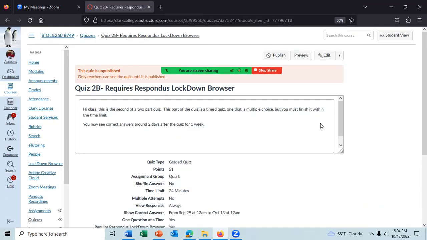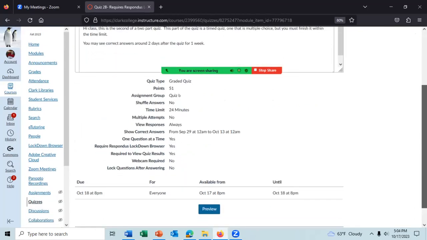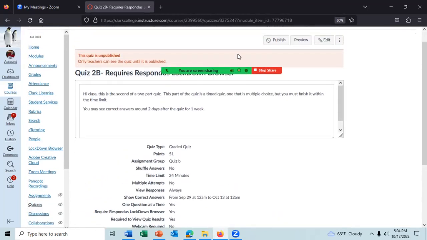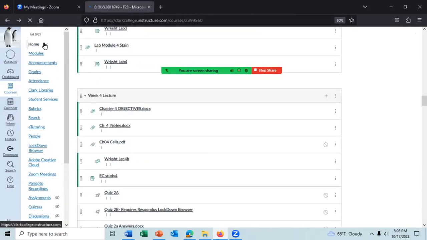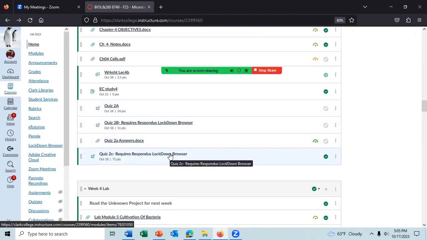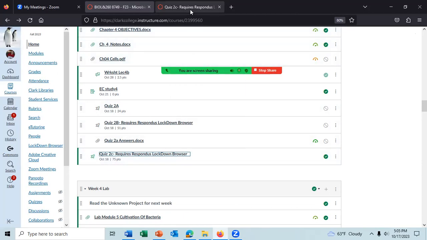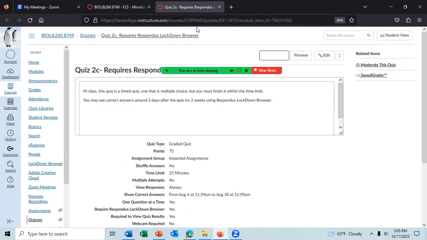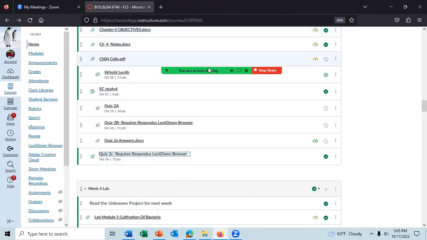Oh, there it is. Quiz 2C. Yeah, that's not highlighted. Many of you guys can't see that. All right. So Quiz 2C is up and running. It'll be worth 75 points for all the quizzes. That's good. I just wanted to double check.